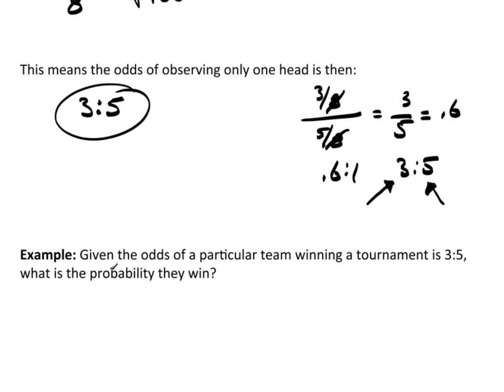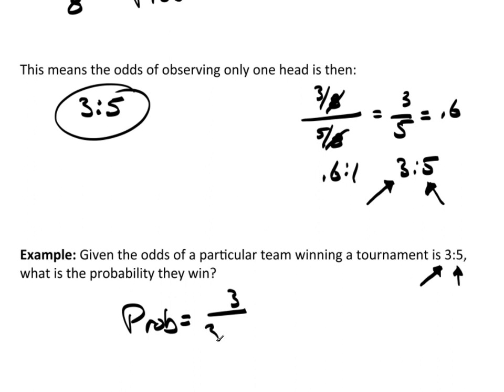So, given the odds of a particular team winning a tournament is 3 to 5, what's the probability they win? Well, this is saying for every 3 times they win, they lose 5 times. So the probability will be n of A, where A is the event they win. That can happen 3 times, divided by the sample space.